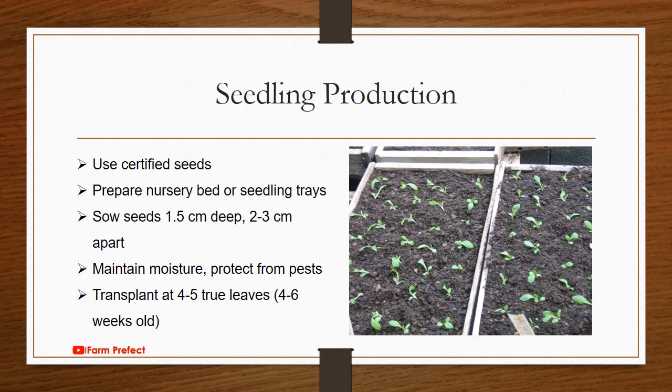You can also prepare a nursery bed yourself using wood, like what is showing on the screen. Then sow seeds 1.5 centimeters deep, 2 to 3 centimeters apart.